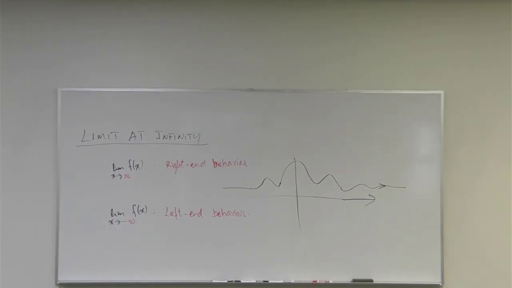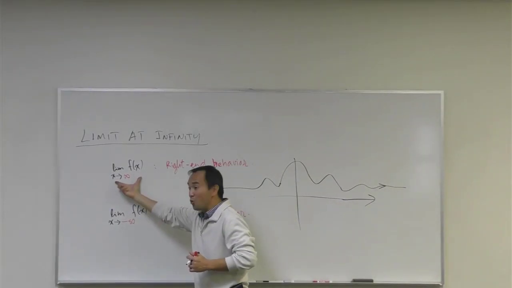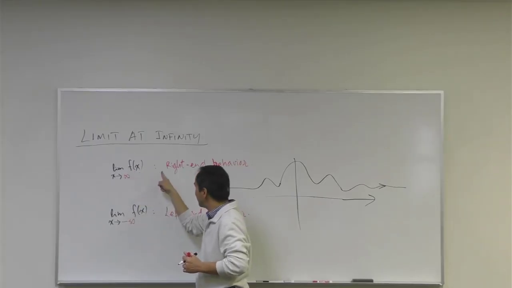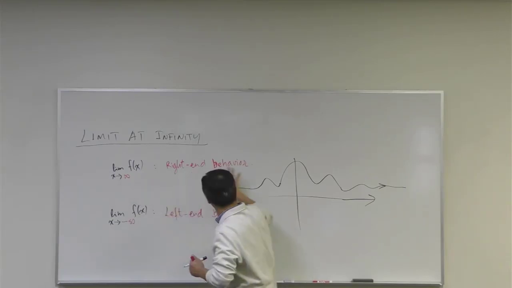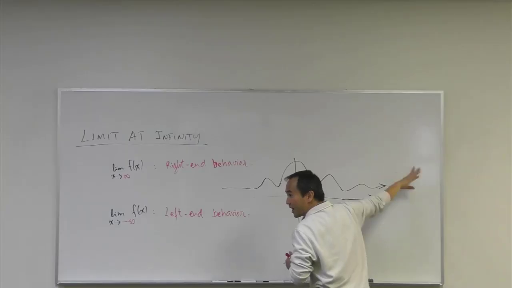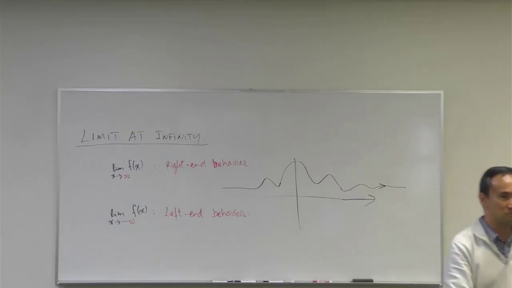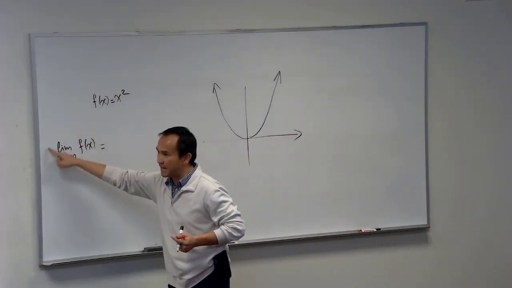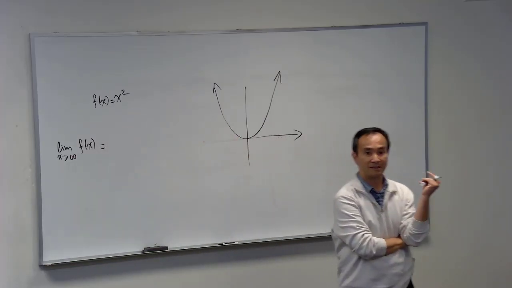But in what I explained earlier, graphically speaking, we understand this limit concept as the right-hand behavior. When x gets close to positive infinity, we are studying the behavior of the function as it keeps getting further to the right-hand side. We call it the right-hand behavior. So back to the particular problem that we have here: what's the right-hand behavior of this particular function that has the specific graph in front of you guys here?